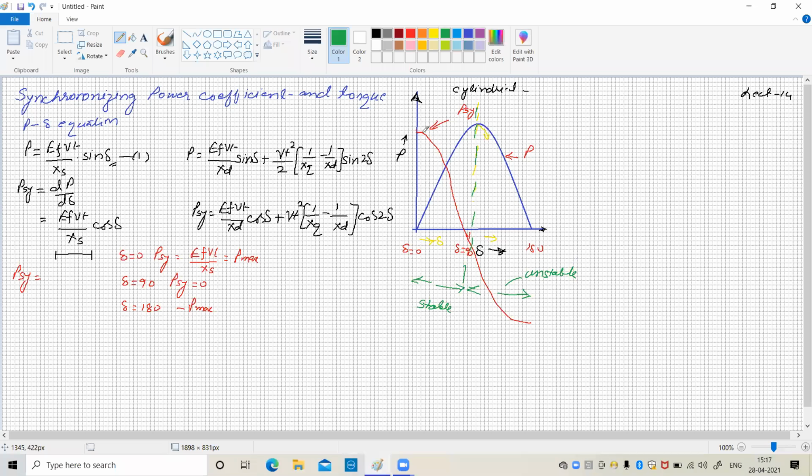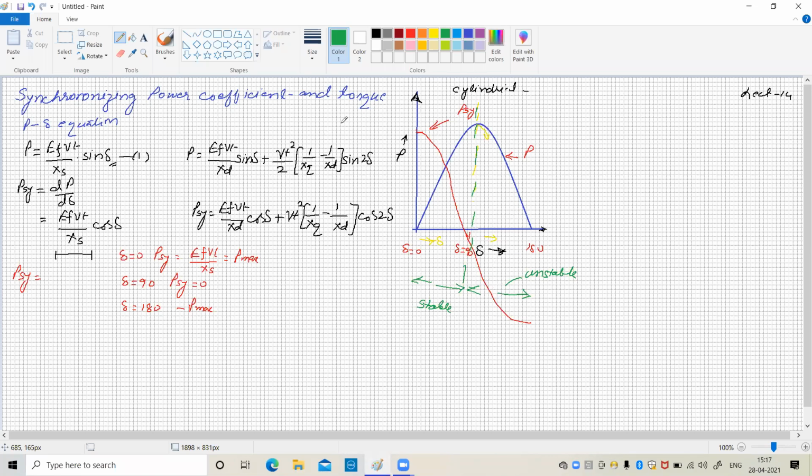Now look at this curve. So we can say that here the synchronizing power coefficient is positive. As long as the synchronizing power coefficient is positive, the system is stable. And once the power goes to zero value or less than zero value, that is in the minus sign, the system becomes unstable.